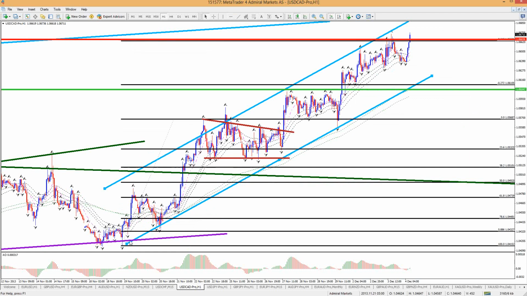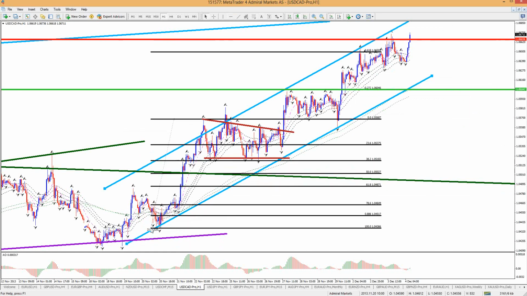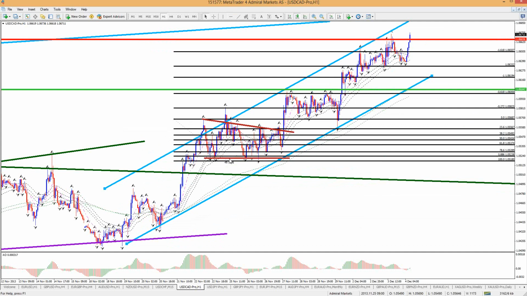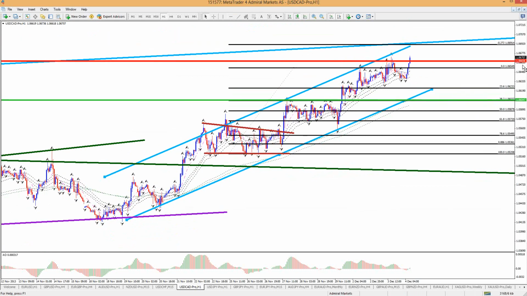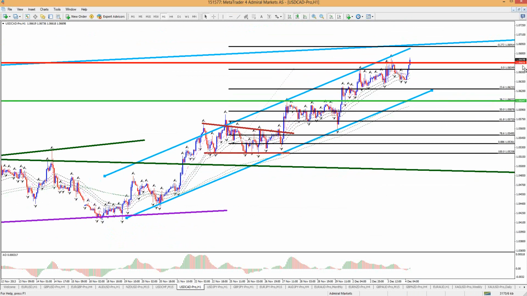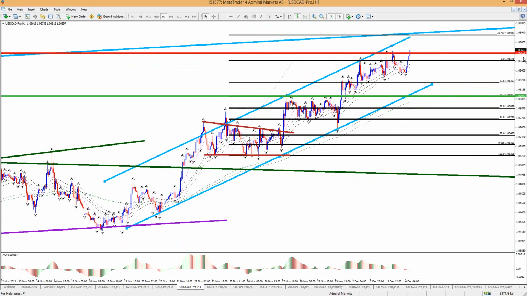Sorry, I don't want to bore you here with all these fibs. I think that indeed the 160.90, 107, they all seem to be pretty big resistance.